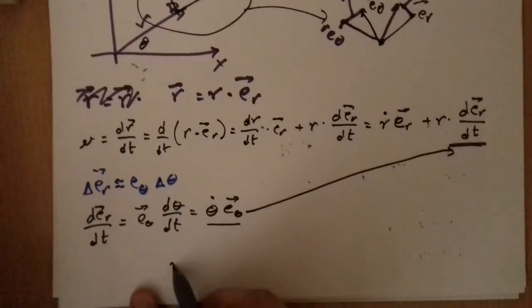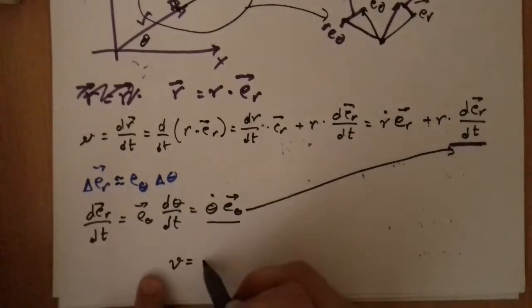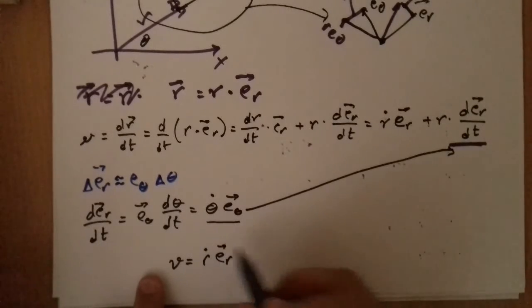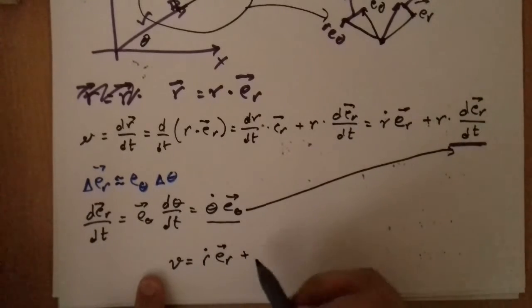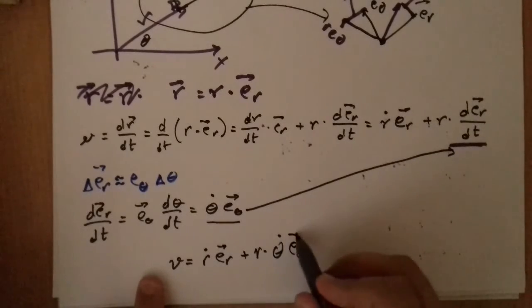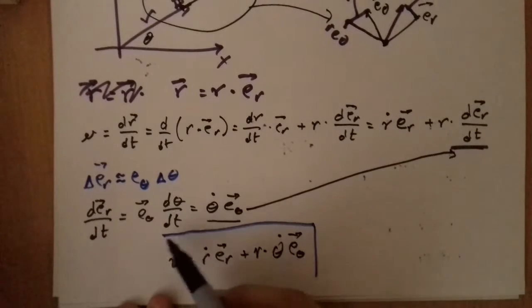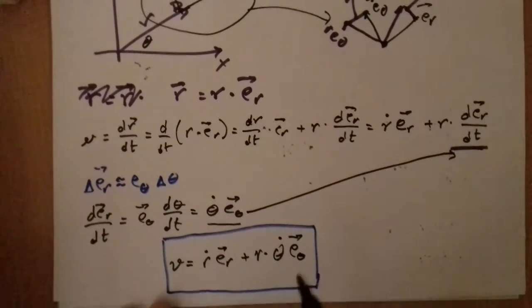So the velocity in polar coordinates is r dot e r plus r times theta dot in e theta direction. This is the velocity in polar coordinates.